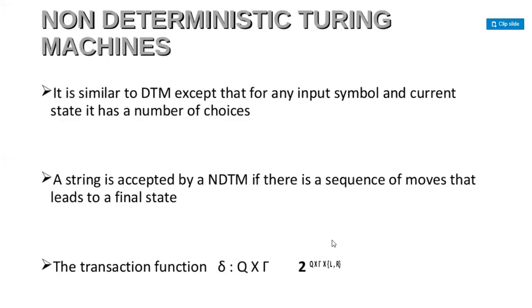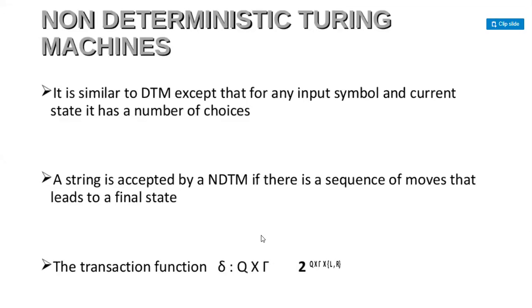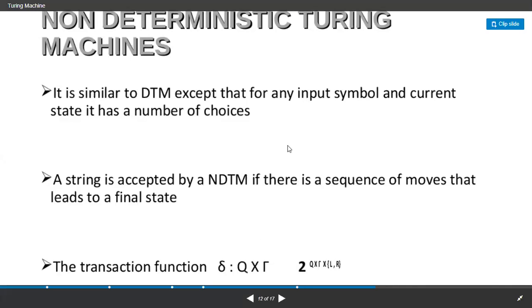And here, how strings are accepted by the non-deterministic Turing machine is: if there is a sequence of moves that leads to the final state, then we can say that it is an acceptance by a non-deterministic Turing machine. And here also we have the transition mapping function for this NDTM.